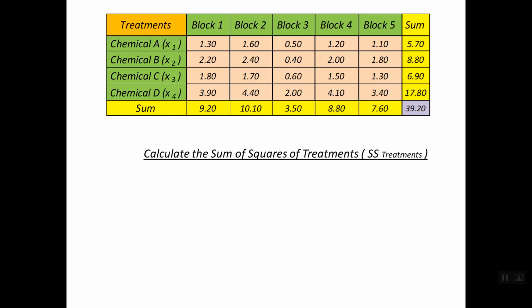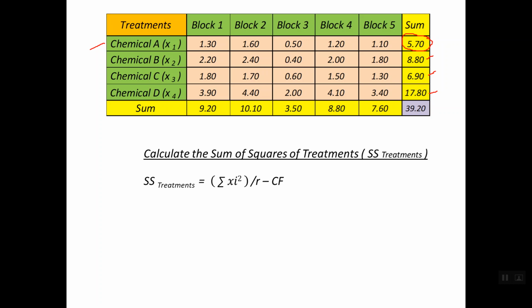Now we can calculate the sum of squares of the treatments, or the SS treatments. As we said, for the first treatment, this is the sum of the records for treatment 1, and this is for the second treatment, this is for the third treatment, and this is for the fourth treatment.